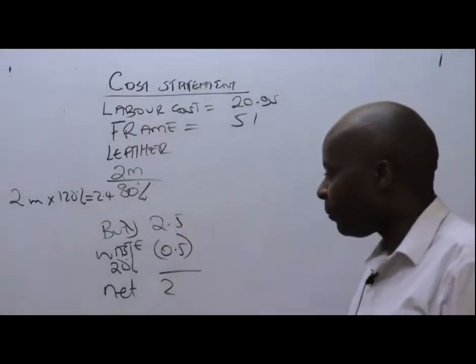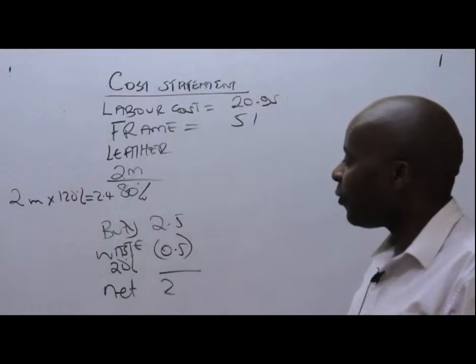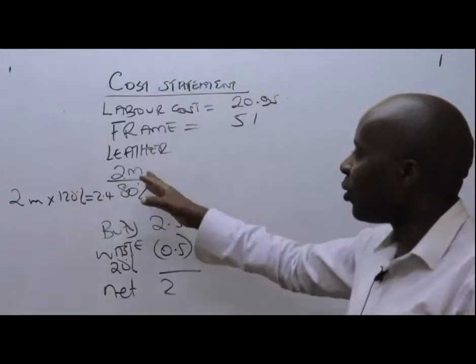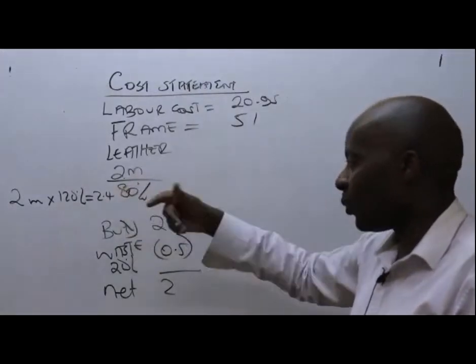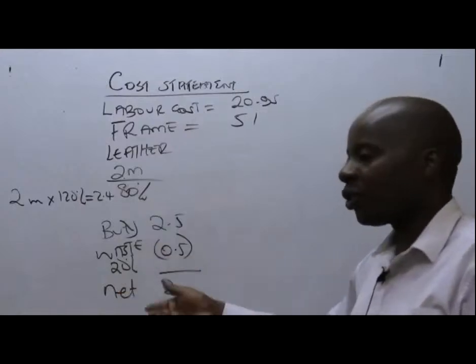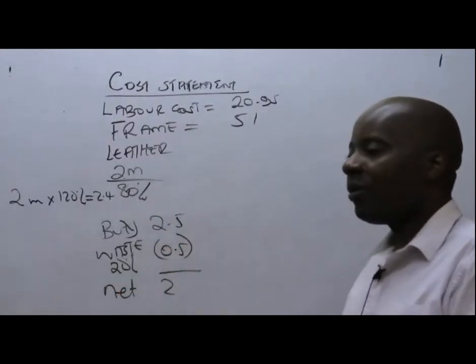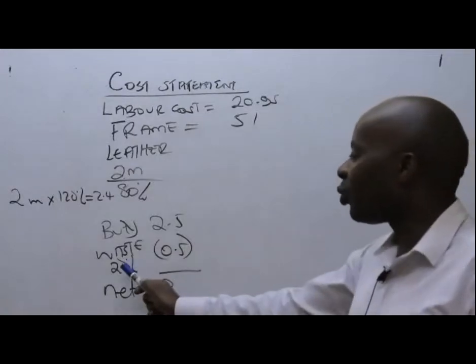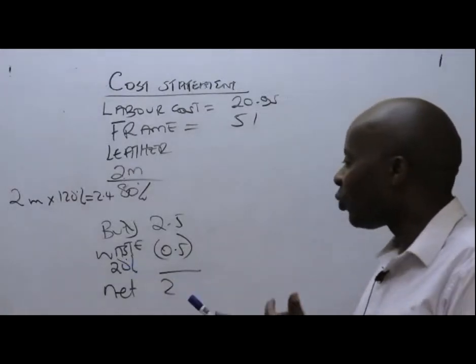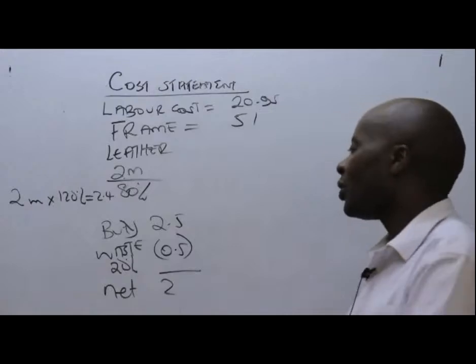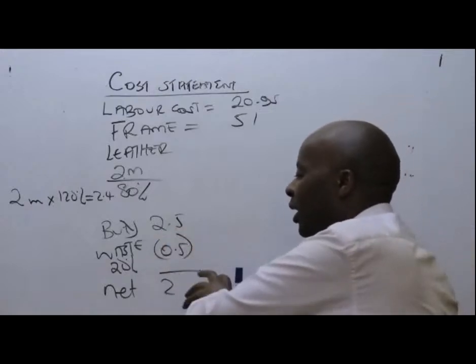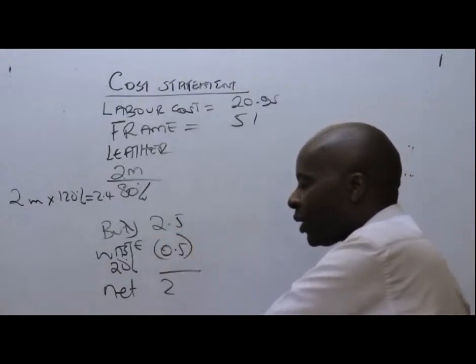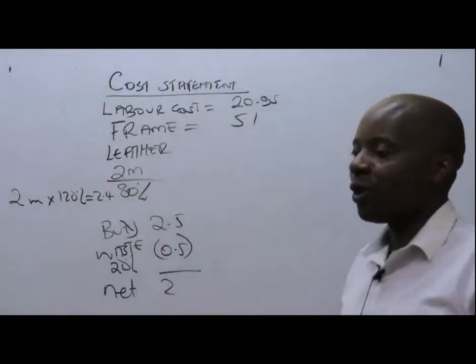If we have these 2 meters over 0.8, that tells us that we should buy 2.5 meters. Once we buy the 2.5 meters, we will have to waste 20%. 20% of 2.5 gives us 0.5. So when you subtract the waste, you get the net meters, which are 2.